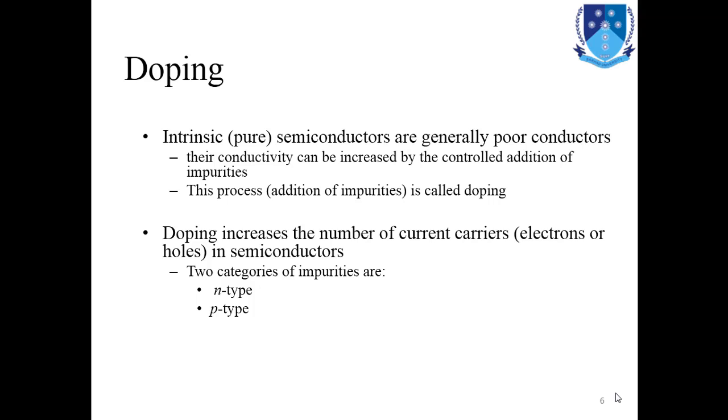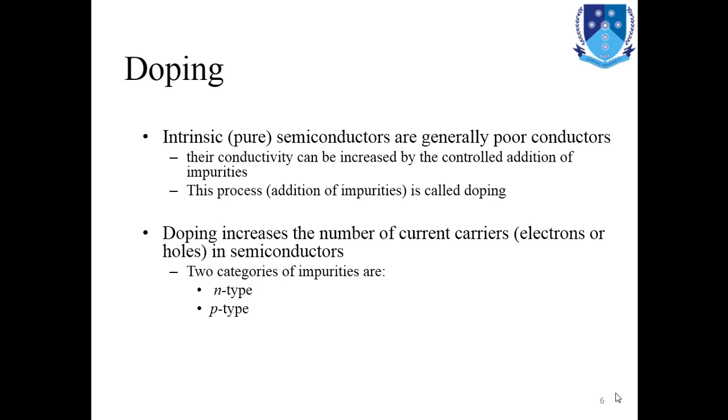So to increase their conductivity, we have to add a controlled amount of impurities. This process where we add impurities to intrinsic semiconductor material is called doping, or simply, the addition of impurities is called doping.